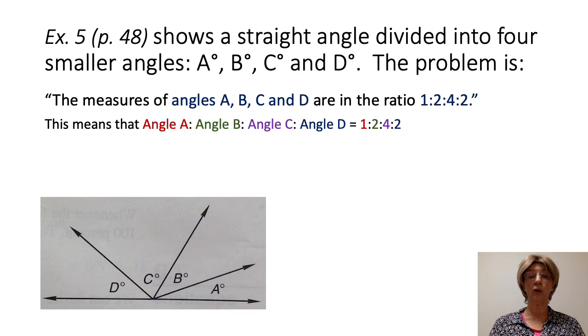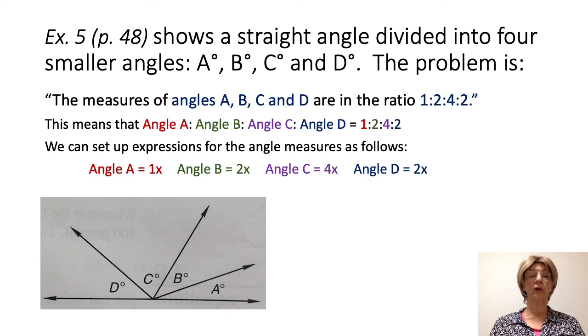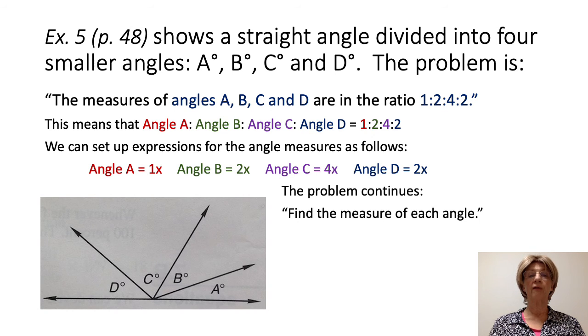This means that angle A to angle B to angle C to angle D equals 1 to 2 to 4 to 2. We can set up expressions for the angle measures as follows. Angle A equals 1x, angle B equals 2x, angle C equals 4x, angle D equals 2x. The problem continues. Find the measure of each angle.